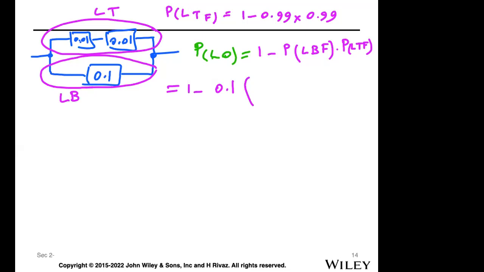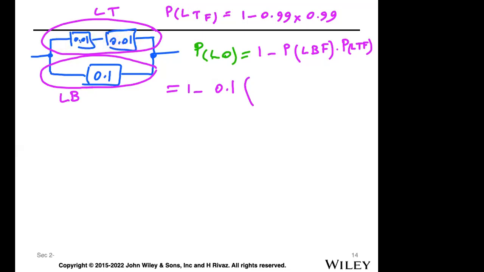Before you ask a question, I'm not sure if what I wrote is correct, so let's check. For this thing to fail, either this has to fail or this has to fail, right? Whenever I say either-or, it's possible to calculate the probability of the complement. So the probability of this thing failing is equal to 1 minus the probability of this thing operating.